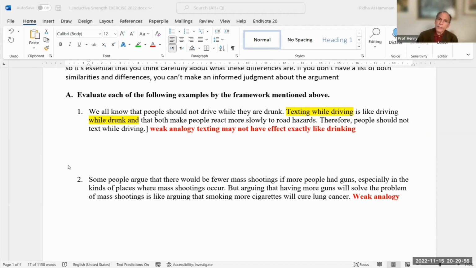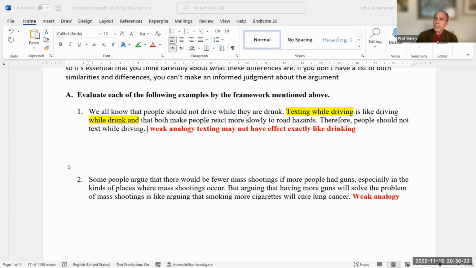I agree, alcohol impairs your judgment. Texting has maybe not a similar effect, but it distracts you. That's the major thing. But you're right, Abdullah, you could stop texting.